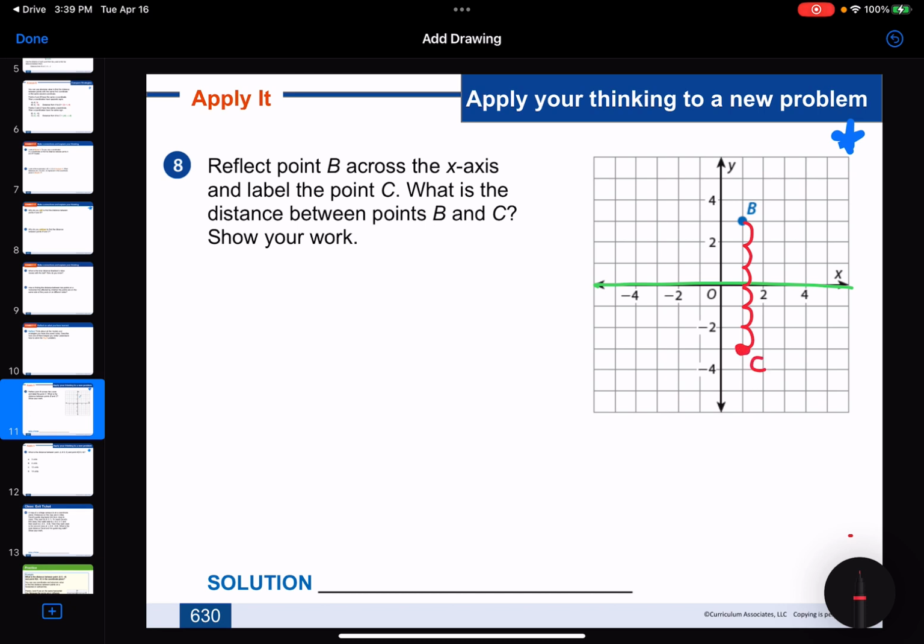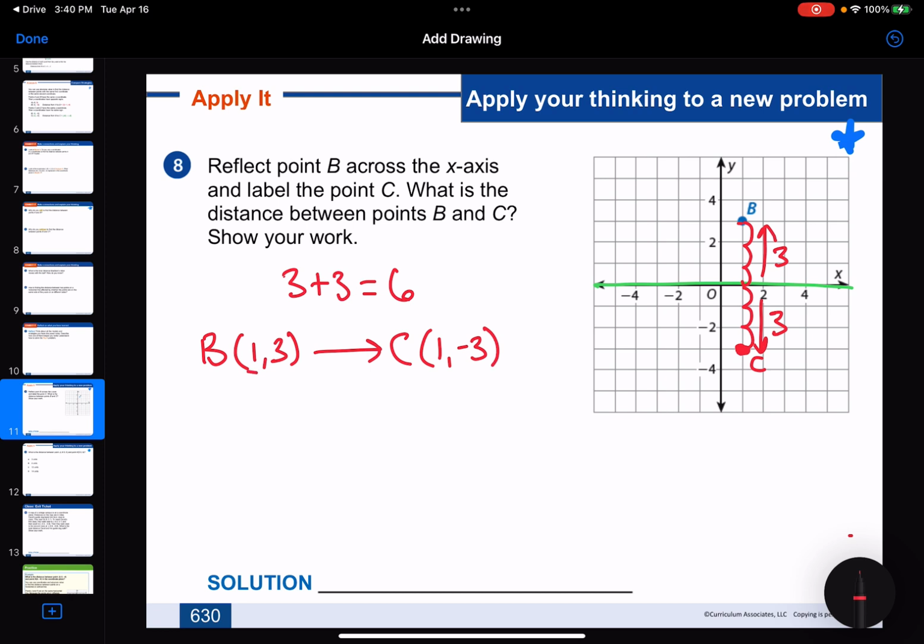What is the distance between B and C? Well, the distance between the x-axis and B is 3, and the distance between the x-axis and C is 3. 3 plus 3 is equal to 6. So the distance is 6. If I had to write an absolute value equation for this, it would be, because we're going from B, which is at the point 1, 3, and I'm reflecting to the point C, which is at 1, negative 3, we are switching quadrants.